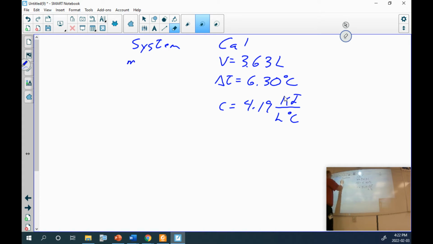We have mass over here of 3.50 grams. It's ethanol. Quickly calculate the molar mass of ethanol. It's 46.08 grams per mole. What we're looking for is the heat of combustion per mole of your ethanol.